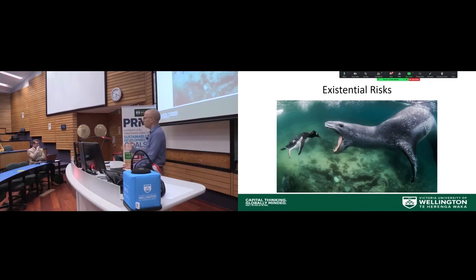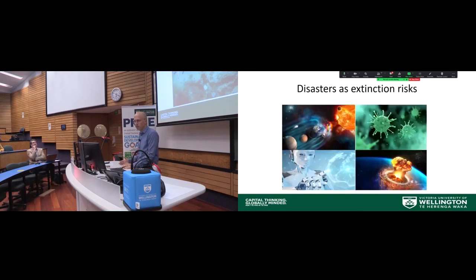And we now know that we should have been thinking about pandemics a lot more if we are worried about the SDGs. Some kinds of disasters that we can see as potential extinction risks are solar flares, or they call them solar storms or space storms. They can be incredibly damaging to electrical grids.